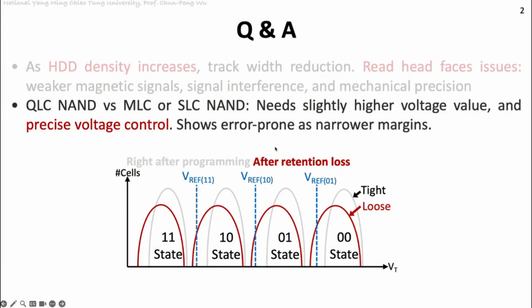This is the reason we say for MLC or even QLC, because there are more levels, even very few retention loads will make the read process harder to read out the data. Okay, so this is about the narrow margin issue. But we did not cover this so deeply in this class. If you're interested, we will have a class talking about this in the next semester.